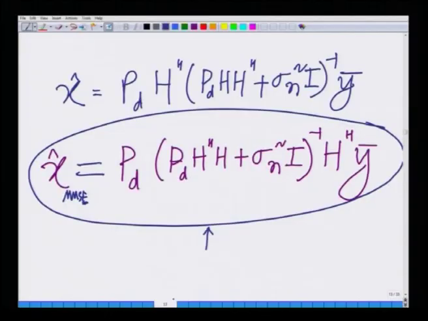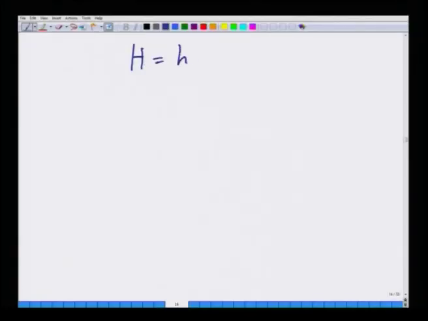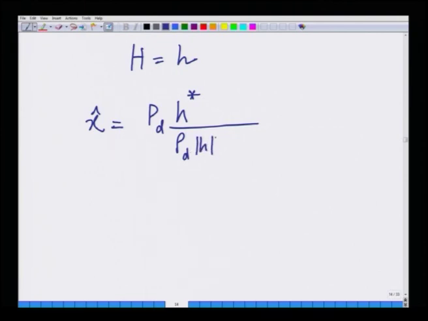Let me consider this to show the main difference between a MIMO MMSE and a zero forcing receiver. For instance, consider a single input single output case, that is h equals the scalar h. Then the MIMO receiver reduces to x hat equals P_D h conjugate over P_D h Hermitian h, where h is a scalar, so it is nothing but P_D times norm h squared, plus sigma n squared, times y bar.